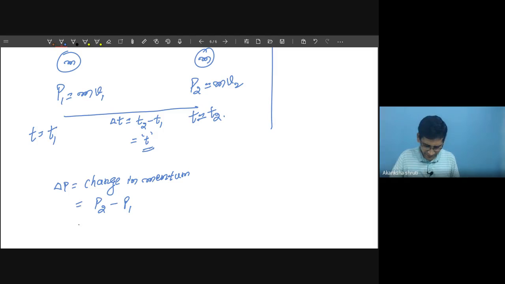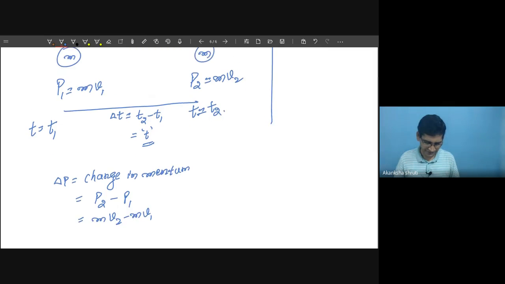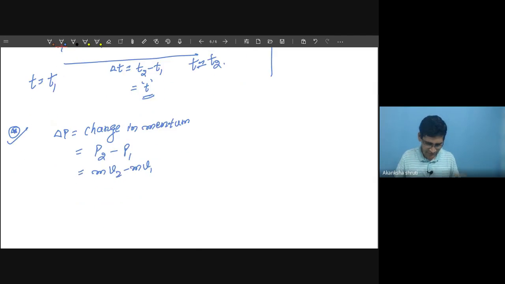So this delta P is mv2 minus mv1, this we may write. If the mass is also varying, then we need to take m1 and m2. So this was our change in momentum. It is the first thing that we have to keep in mind.